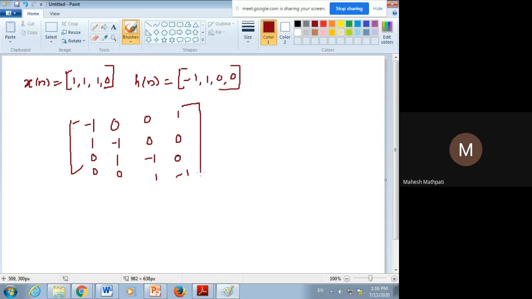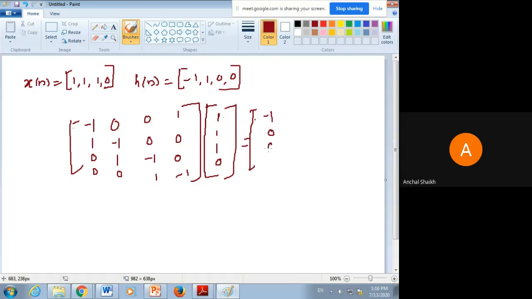If I multiply this with the values 1 1 1 0, then I will get the answer y of n as -1 0 0 and 1.